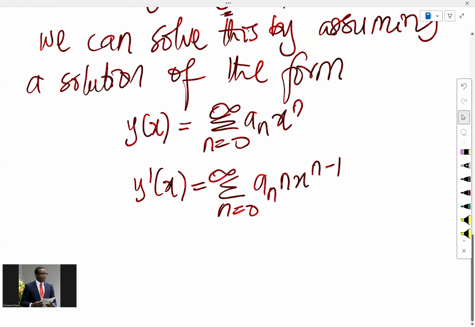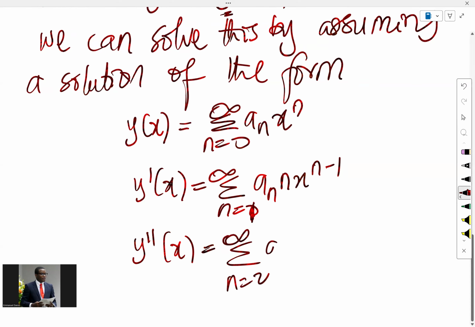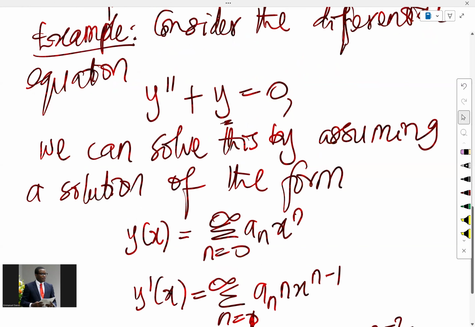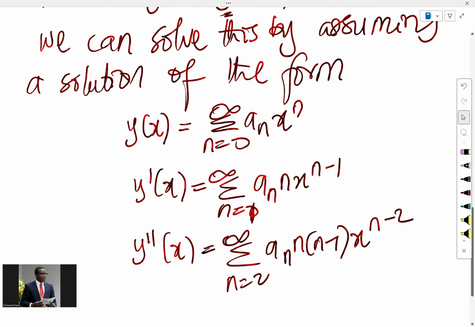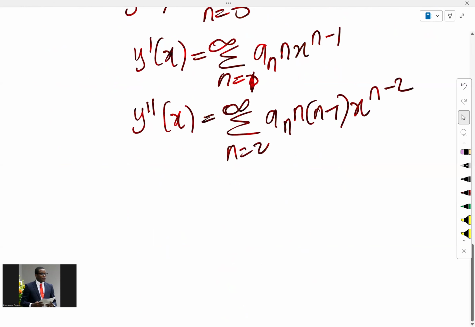And then you go again, with a shift, and we have n(n-1) a_n x^(n-2). Then you substitute all of this into the original equation and try to solve and get the coefficients. I'm not solving this problem, actually, I'm just explaining.